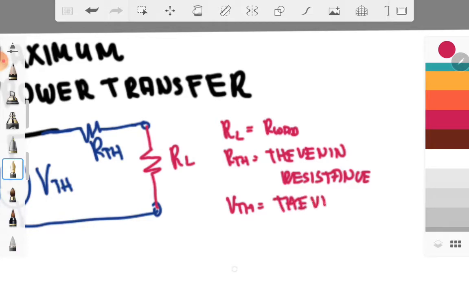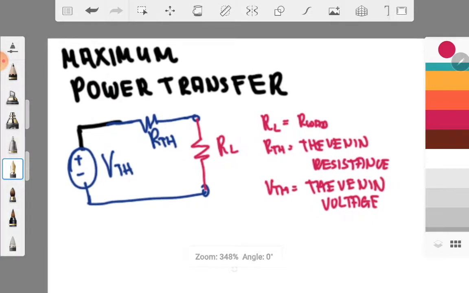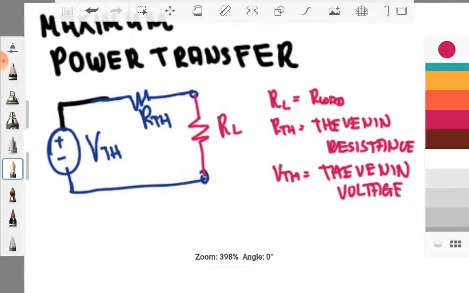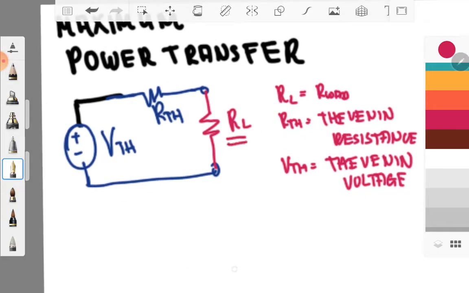So in order to get the maximum power transfer, we need to get the value of the power at RL. It means that the maximum power transfer is the maximum power that is delivered to your load RL.